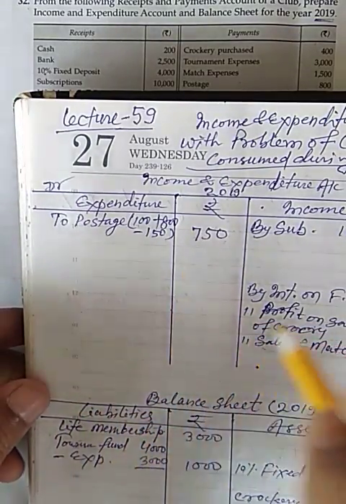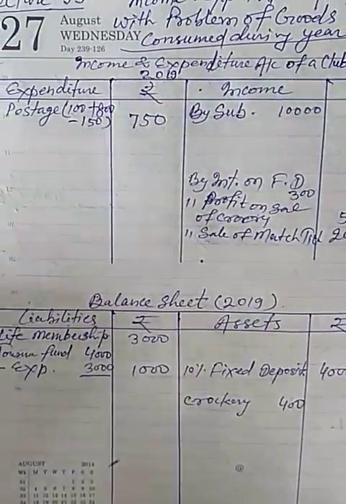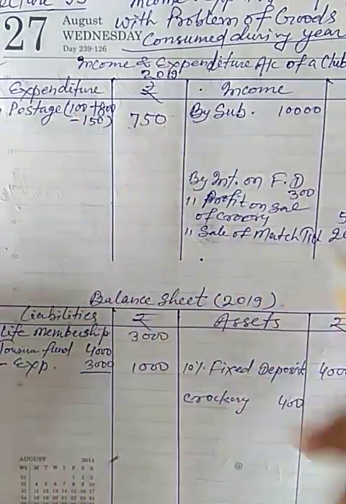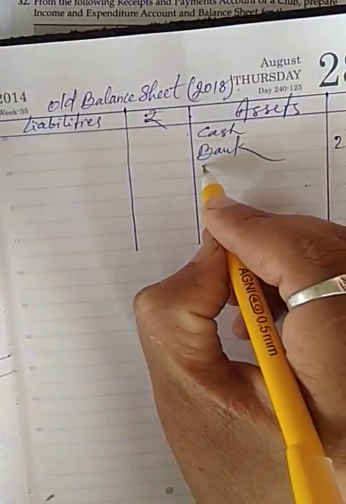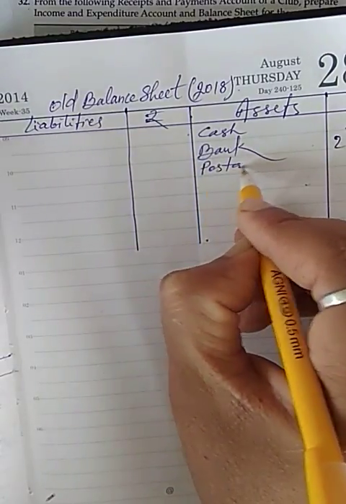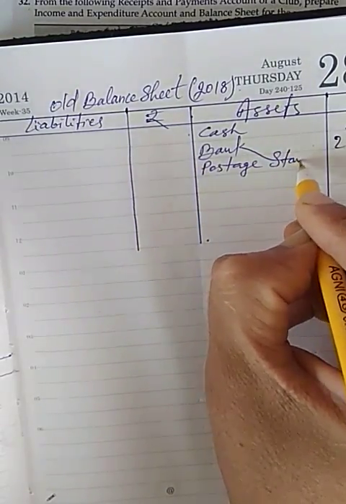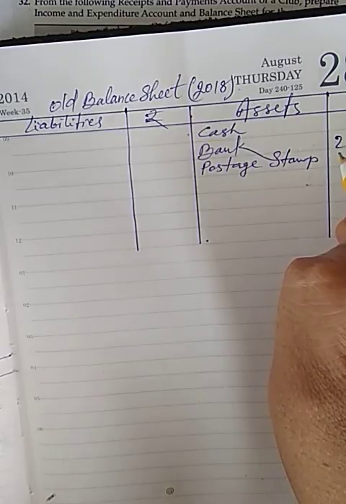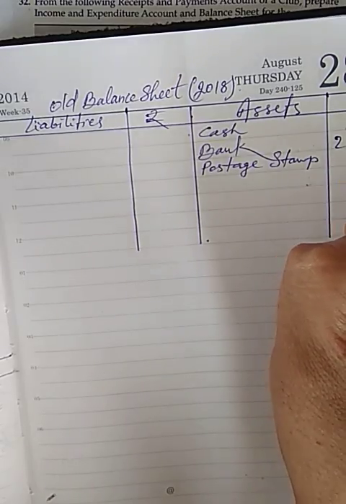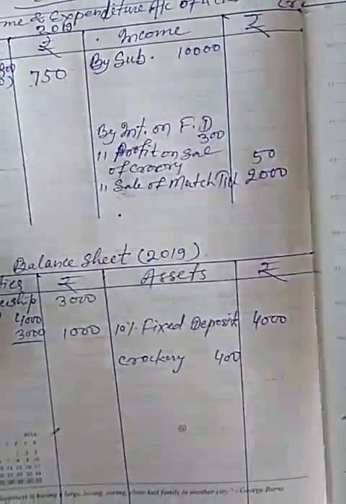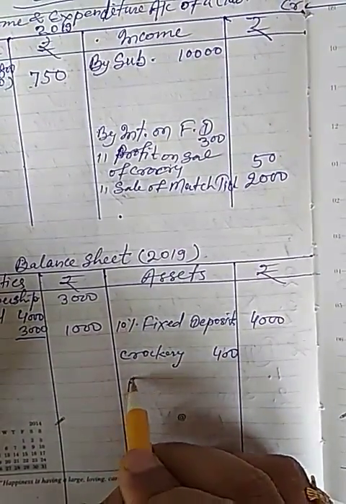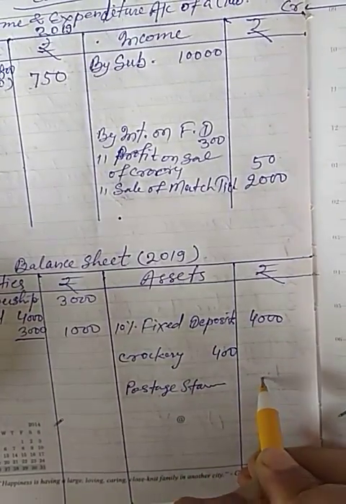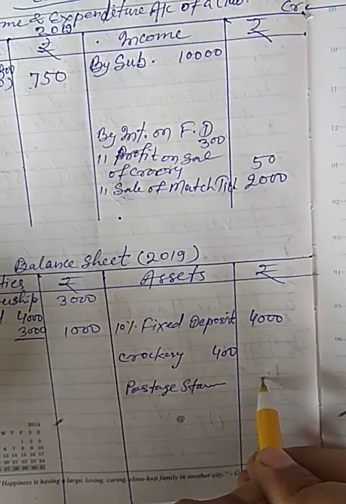Now I will also write postage opening balance in opening balance sheet. Postage stamp is given 100 and closing balance is also given. Postage stamp in stock is given 150.